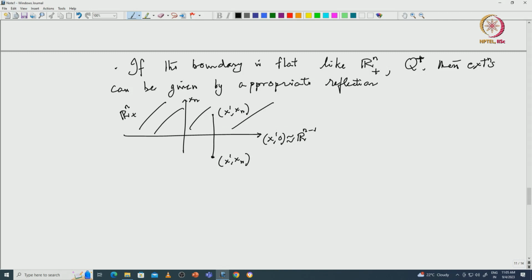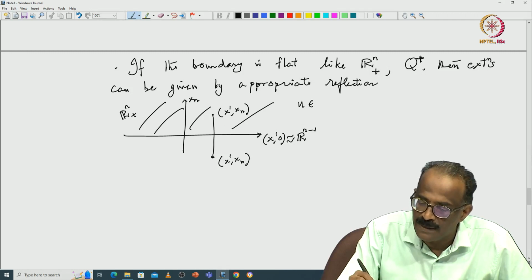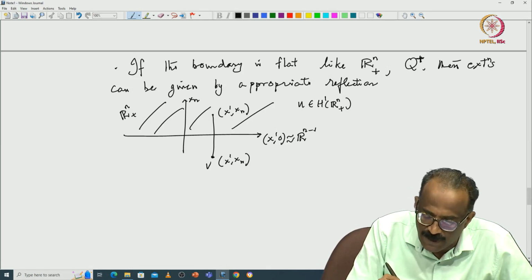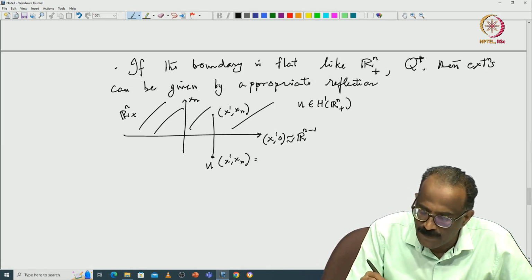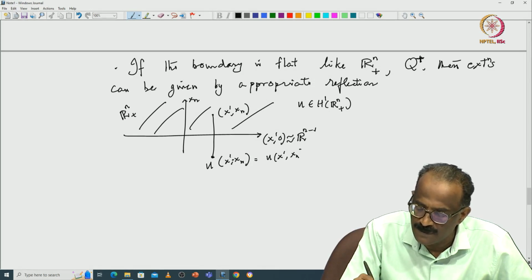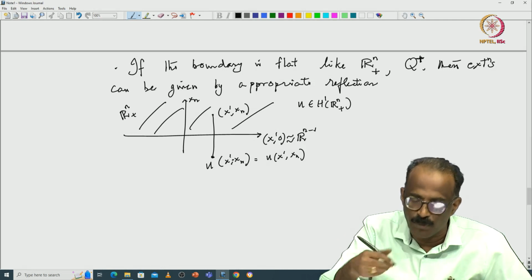If a function u is given in, say, H1 of R^n plus, it is defined only in the upper half of the plane, but you can define it below by defining u of (x prime, minus xn).